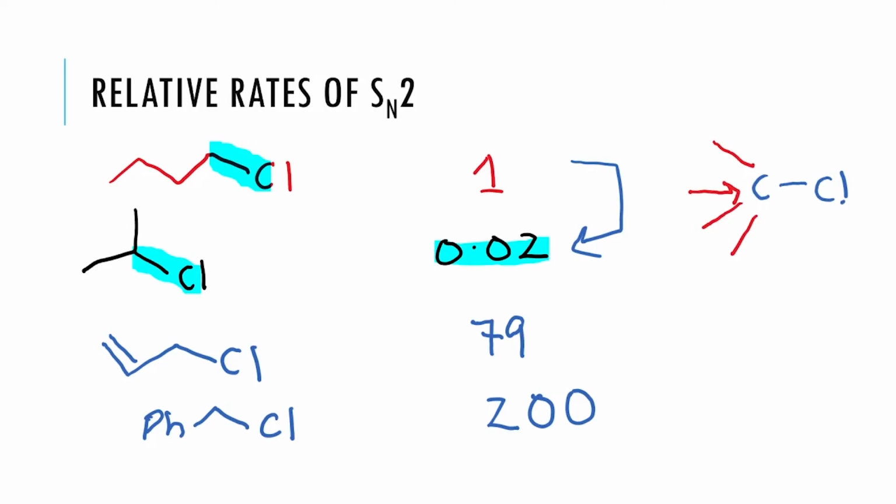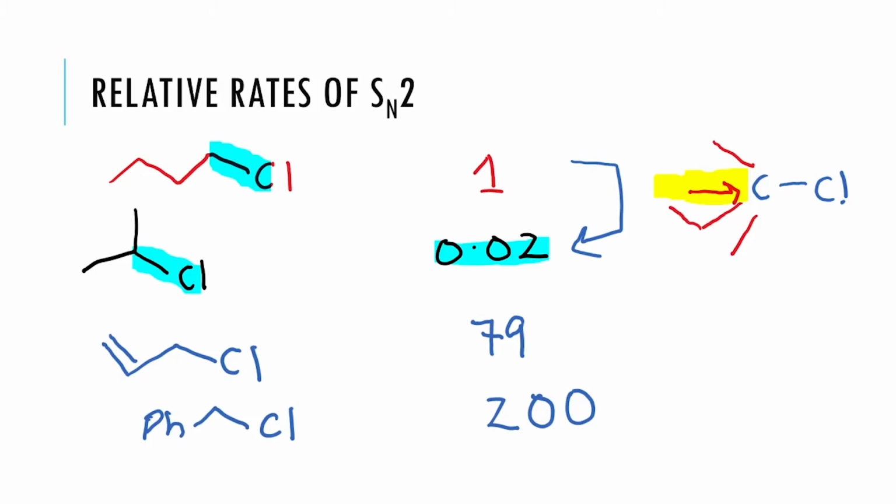So if you have additional groups over here, for example, then this is going to create a barrier for the attack to happen, and therefore the transition state is going to be achieved at a higher energy, and so the reaction rate is going to be slow. So this is fairly straightforward for us to understand.